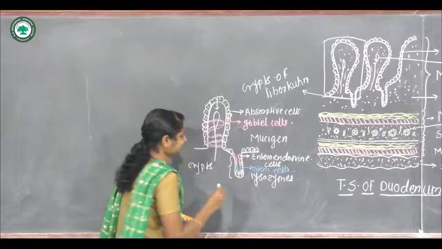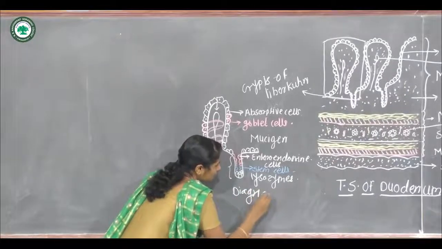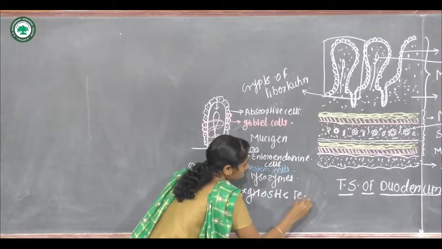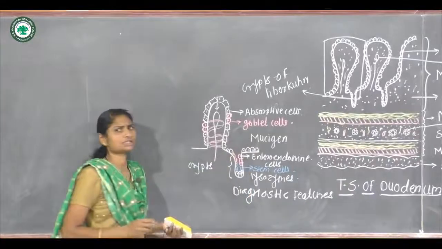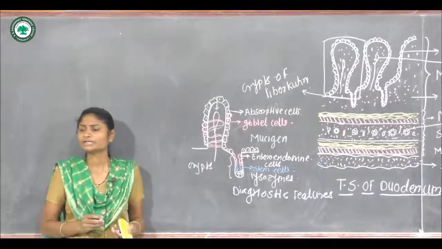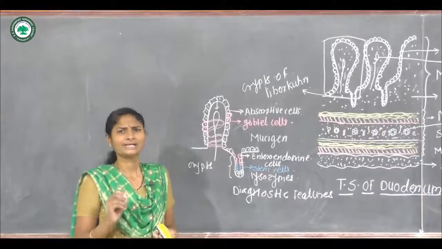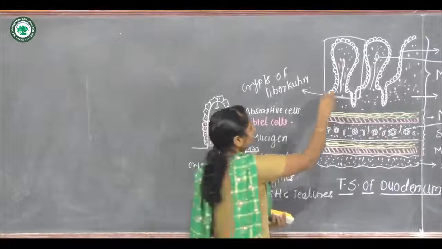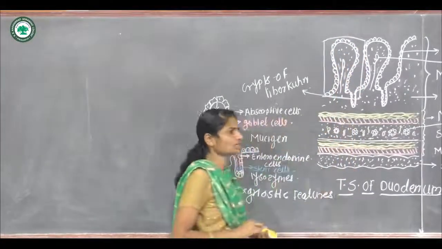Next part is diagnostic features of duodenum. In duodenum, numerous villi are present, and these villi show leaf-like structure.